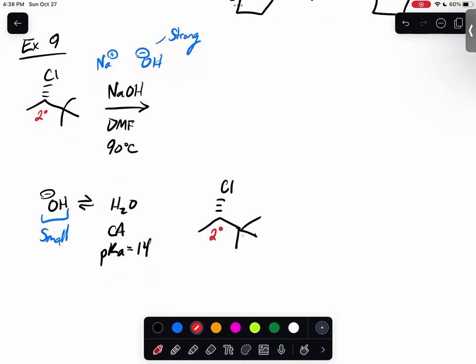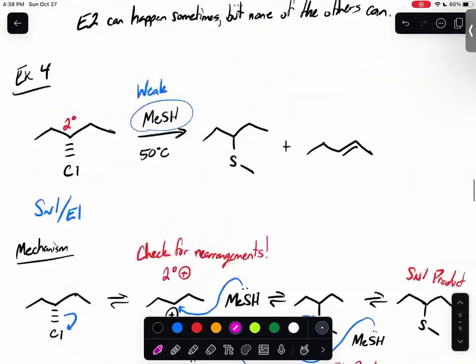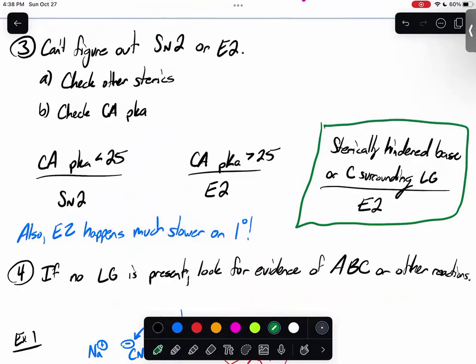But the thing is, even though this carbon right here is secondary, look at the carbon right beside it. It is quaternary, right? Quaternary carbons are super bulky, aka a lot of steric strain. And this is why, if you look back in the notes, right, if we scroll all the way back up to right here, we stated in this little grouping: sterically hindered base or carbon surrounding the leaving group.